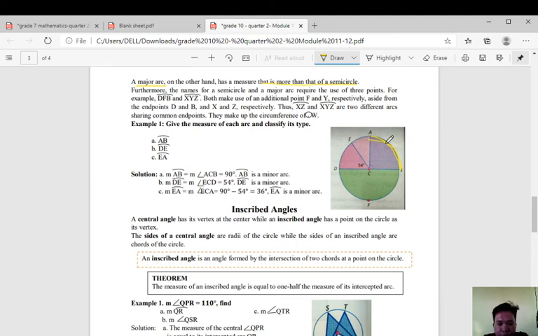As you can see, arc AB is an intercepted arc of the central angle ACB, which is a right angle, and it is 90 degrees. Therefore, arc AB is 90 degrees, and it is a minor arc because it is less than 180 degrees.